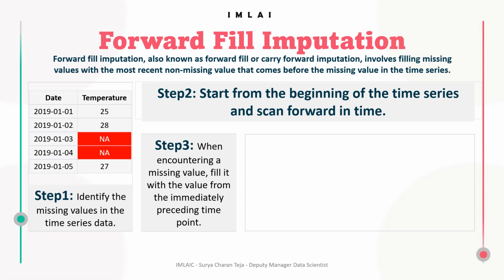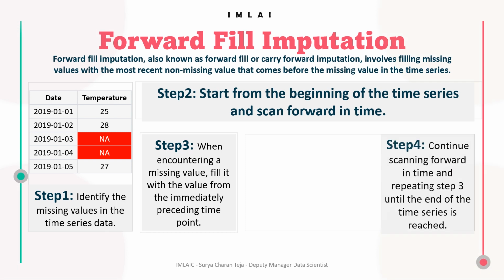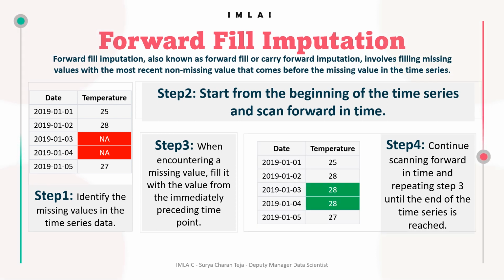Then finally, continue scanning forward in time and repeating step 3 until the end of the time series is reached, and finally you'll get your data set with forward fill imputation. Okay, so this is one example here.